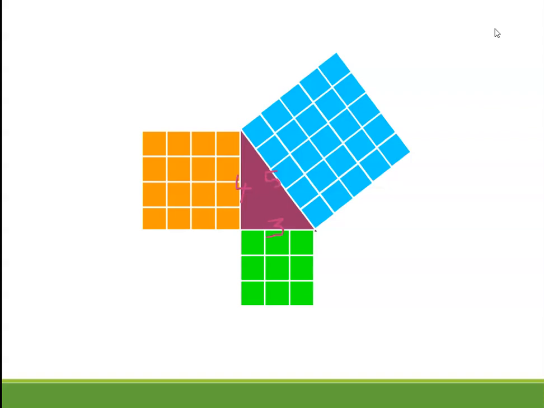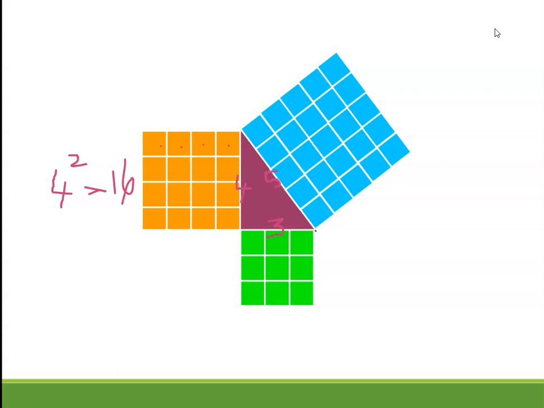Now let us count the total squares on each side. 1, 2, 3, up to 16. So we have 16 squares. And guess what? 4 squared is 16.